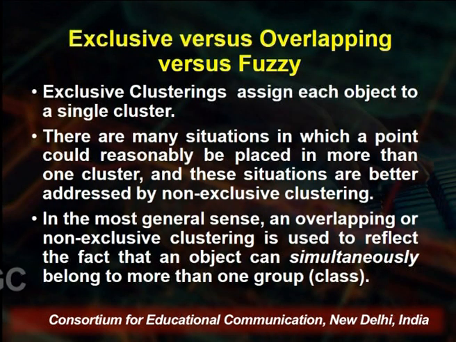Then the next type of clustering that we see is exclusive versus overlapping versus fuzzy. Now exclusive, the word itself means that each object will belong to a single cluster. There will be no overlap, that is, there cannot be any object which can belong to more than one cluster, okay.